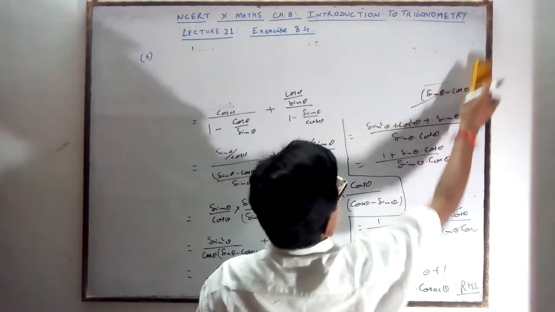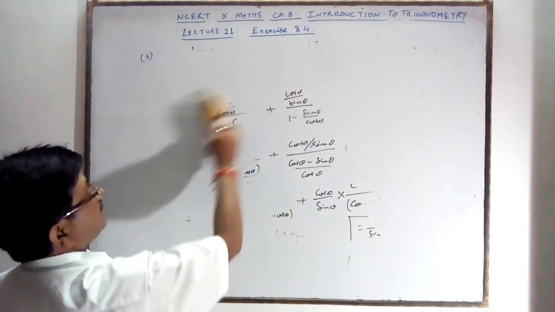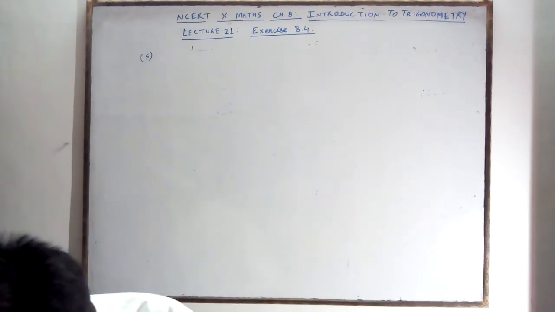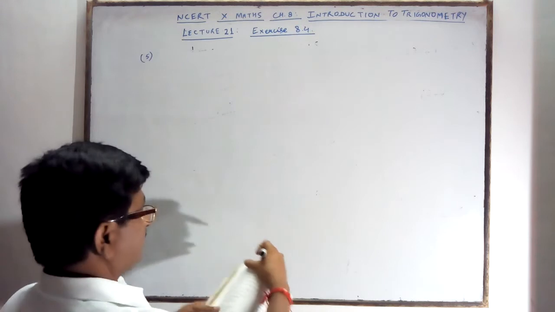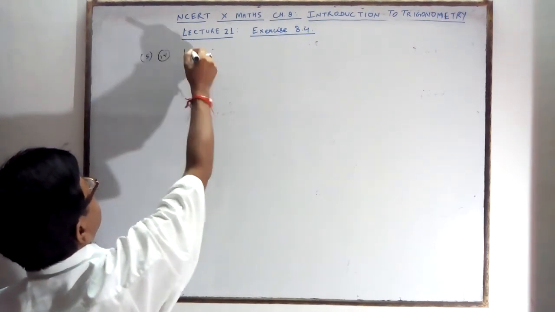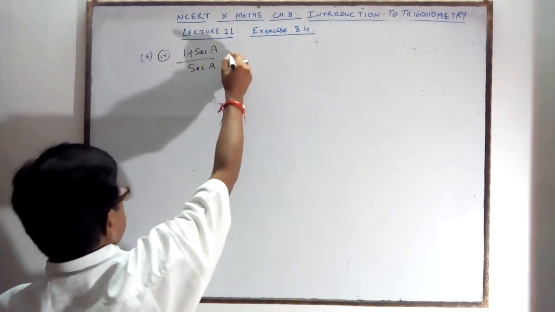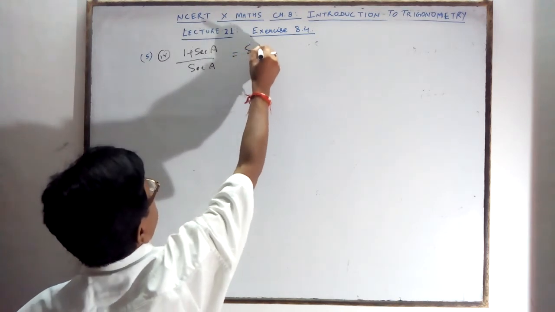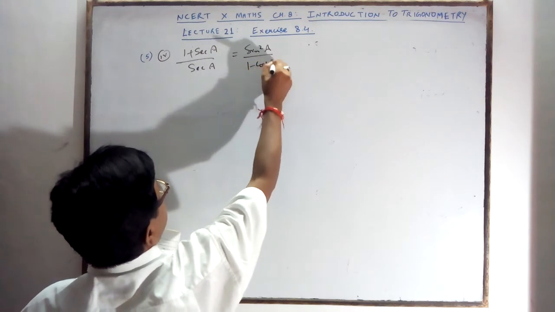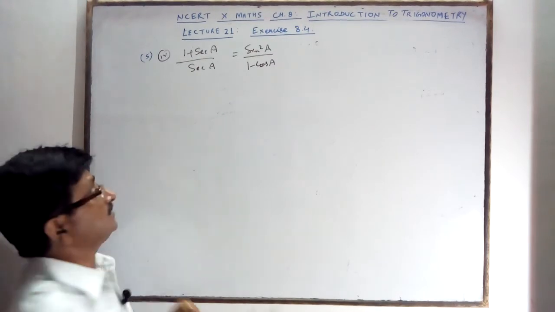Now fourth part you see. Very simple. In the fourth part it is given: 1 plus sec a upon sec a is equal to sin square a upon 1 minus cos a. It is very easy. You can solve from one side, you can solve by both the sides.